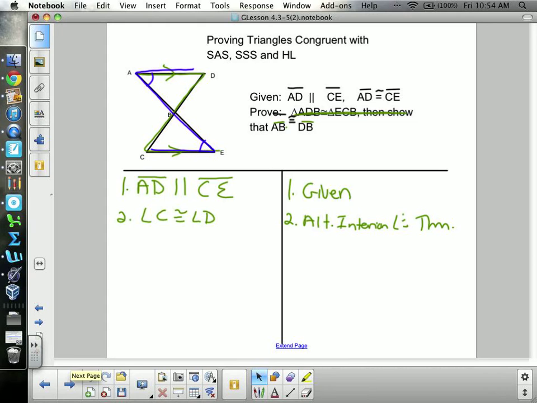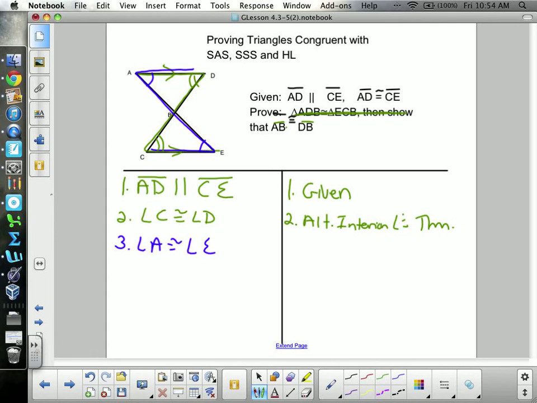Angle is not one of our shortcuts, though, is it? No. Unfortunately not. Now, I could use the second Z or I could use the vertical angles, but I don't need to use both. It's not wrong if you use both, but you don't have to. So I'm going to say angle A is congruent to angle E as my second one. Same reason. Alternate interior angles theorem.